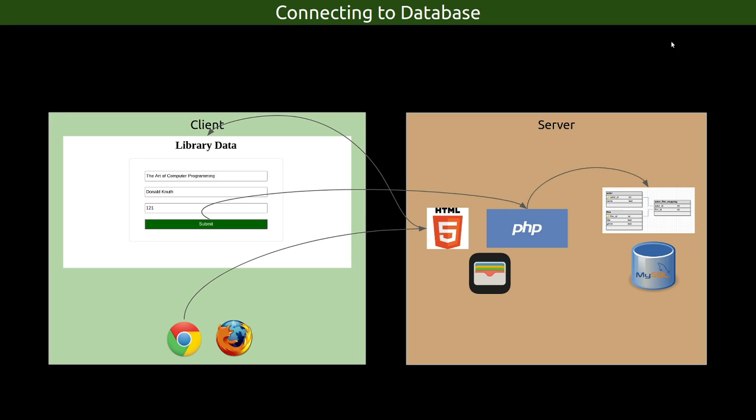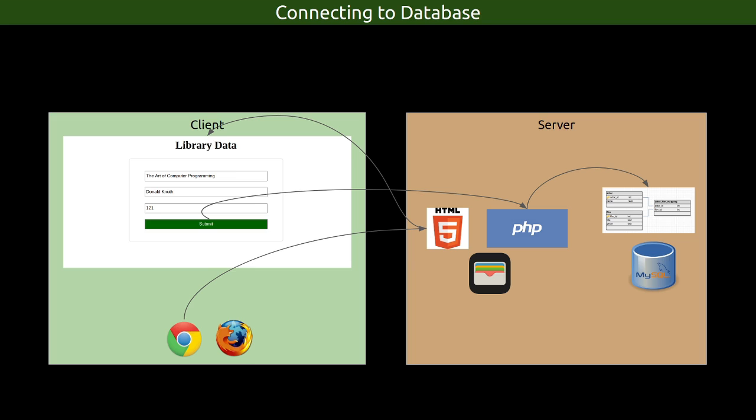The database may be on the same server or another computer on the server side. The PHP will take the data on the form and put it inside the database. You can do the reverse also. PHP can retrieve the data from the database and show it to the user on the client side. So this is what happens when you submit a form on the internet.